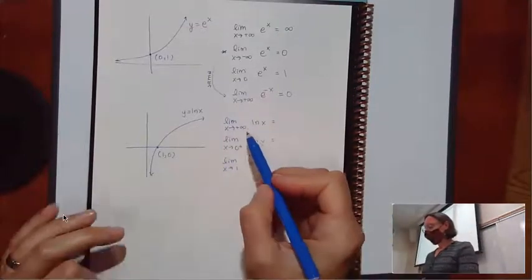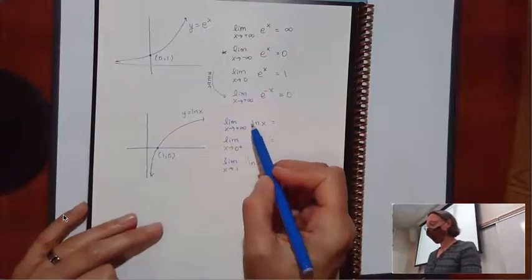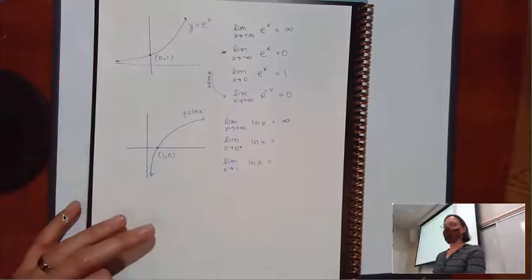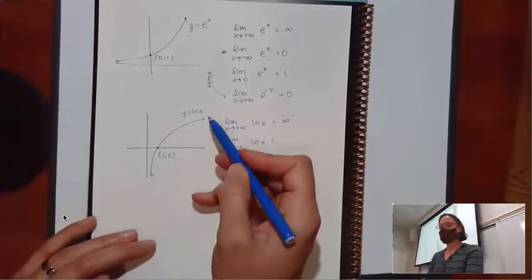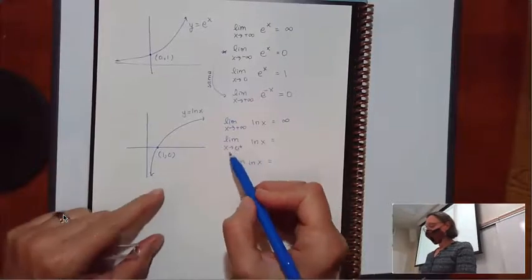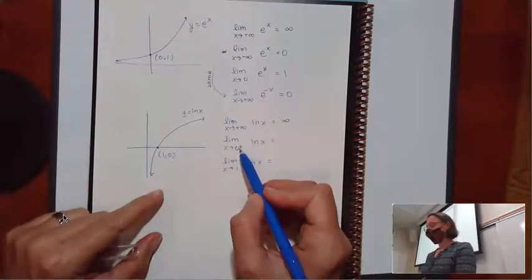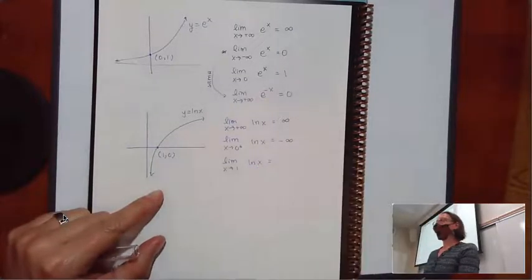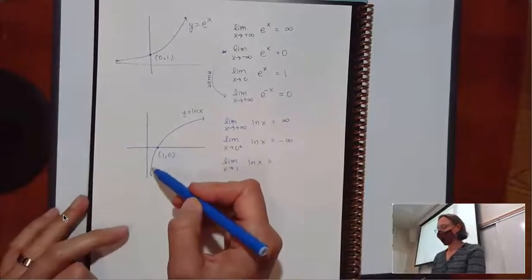So as x approaches infinity, ln of x is headed to positive infinity. It just keeps going up. As x approaches 0 from the right, natural log of x goes toward negative infinity, because the graph is headed down.